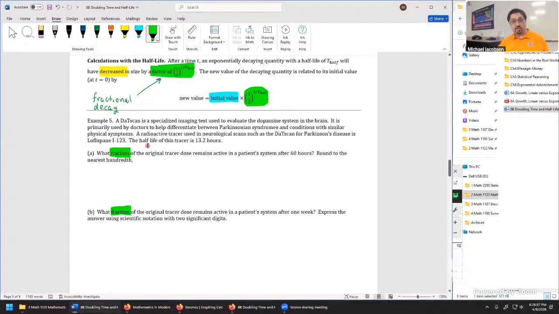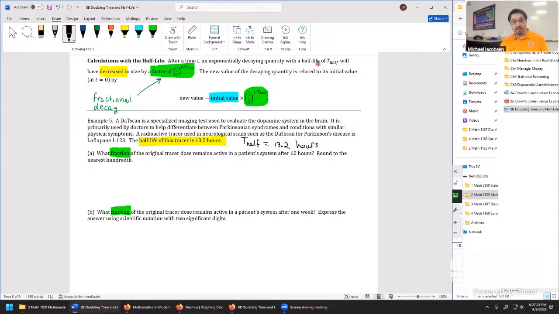The half-life of that tracer is 13.2 hours. So we've got a half-life, so that gets us started here. I can say right away that the half-life, T half, is 13.2 hours.